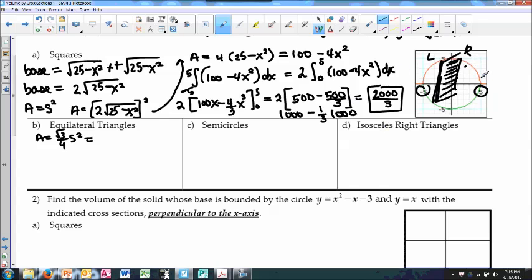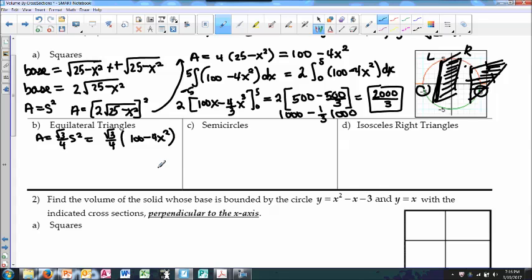That means for our shape perpendicular to the x-axis, the side length of my equilateral triangle has to match the base length. That means that my base length is still the same base length that I had before. When I square that base length, I still get 100 minus 4x squared. So the only difference between this problem and the last problem is the √3 over 4.